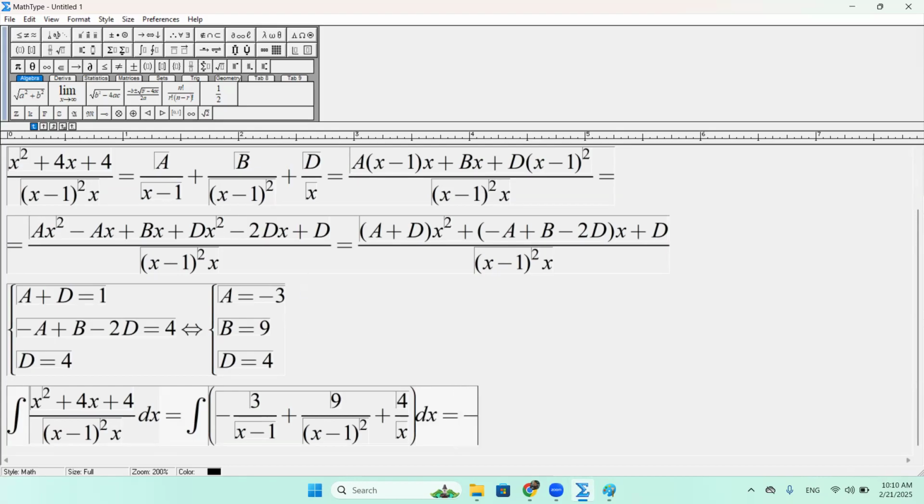So minus 3 logarithm of the module of x minus 1, minus 9 over x minus 1, so integrate the power function, and plus 4 logarithm of the module of x plus c. Any questions about this exercise?